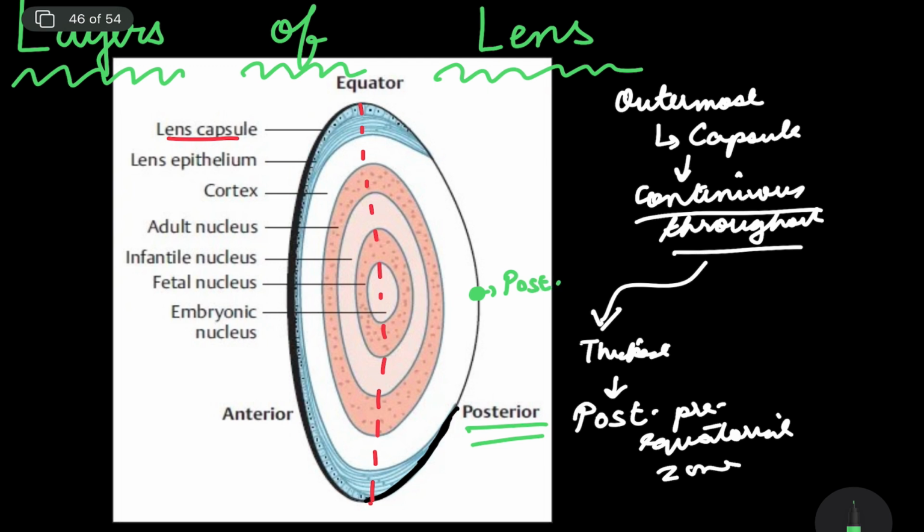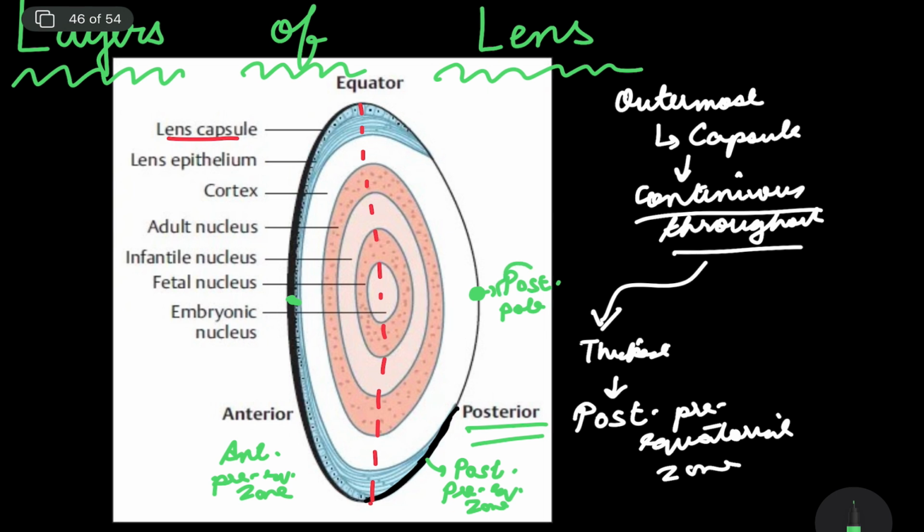Posterior pole. Just like that, there will be an anterior pole over here. Anyways, so we talked about the posterior pre-equatorial zone and the anterior pre-equatorial zone, right? The posterior pre-equatorial zone is where the lens capsule is the thickest.